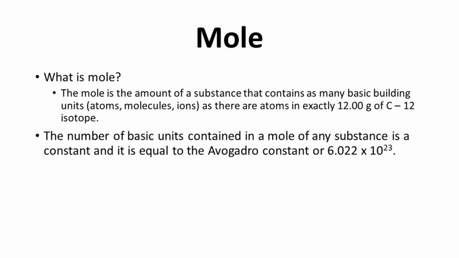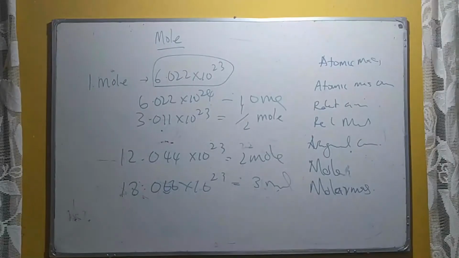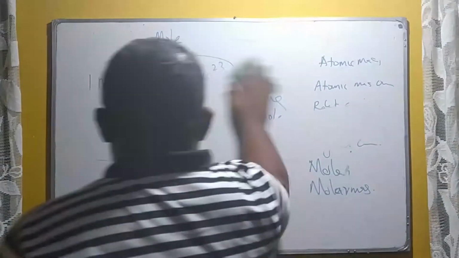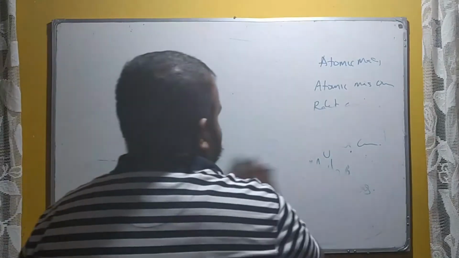The mole is the amount of a substance that contains as many basic building units, atoms, molecules, ions, as there are atoms in exactly 12 gram of carbon-12 isotope. Now consider how the definition comes.